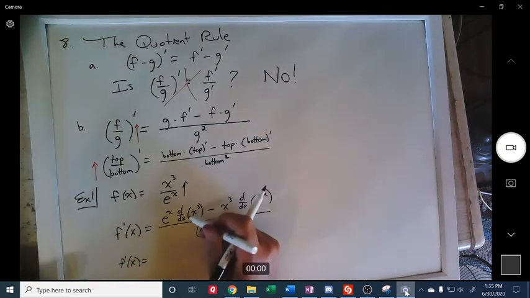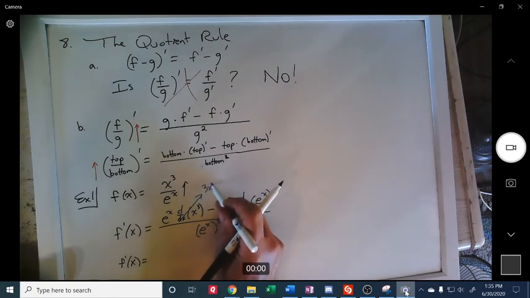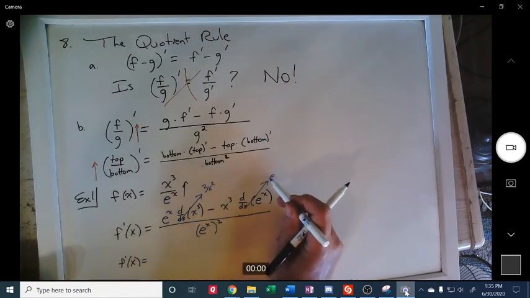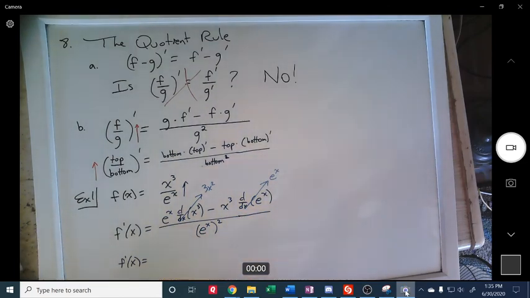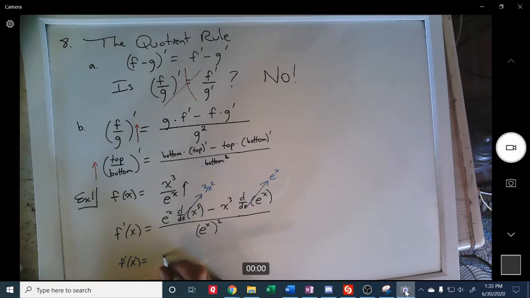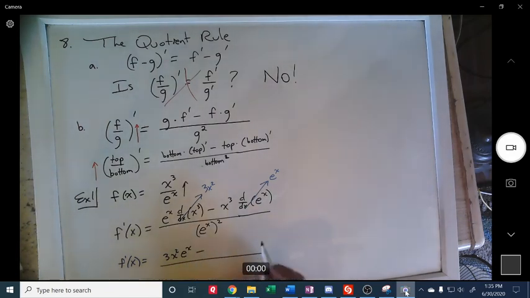And this derivative is 3x squared. This derivative stays at e to the x. So I'm going to get 3x squared e to the x for the first term, minus x cubed e to the x for the second term. And then e to the x squared, power to a power, what do I do with those? Is it e to the x plus 2?